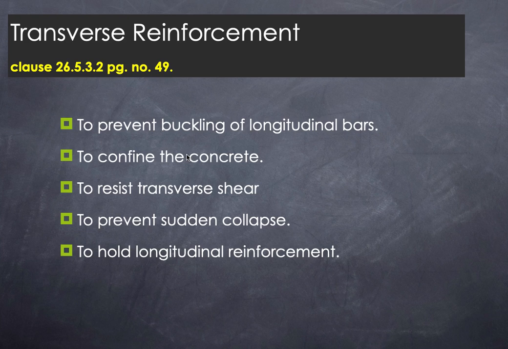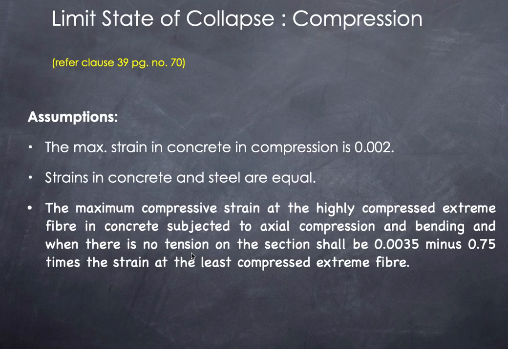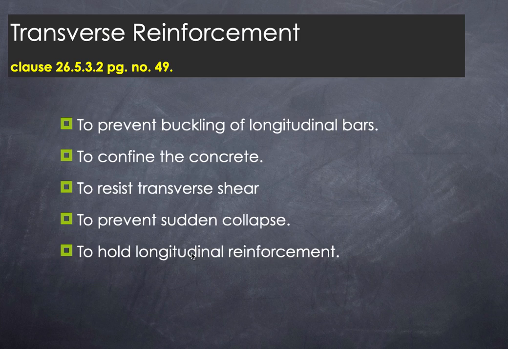Then to confine the concrete, increase its confinement, to resist transverse shear, and to prevent sudden collapse. Again, this is a brittle failure, and this is to hold longitudinal reinforcement in position. This is given in clause 26.5.3.2, page number 49.